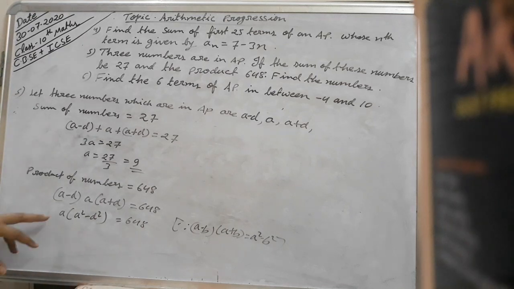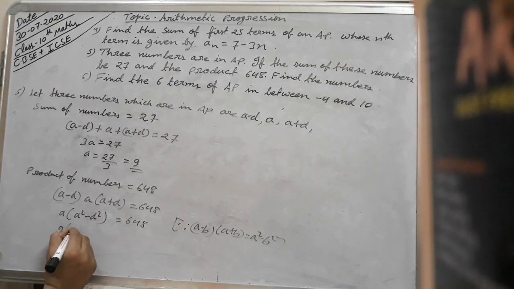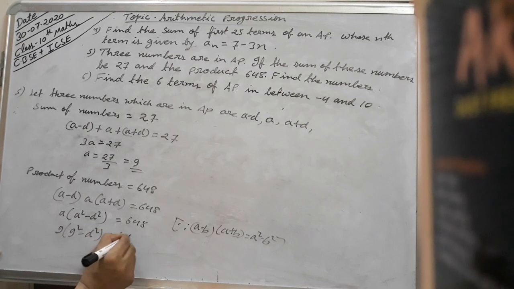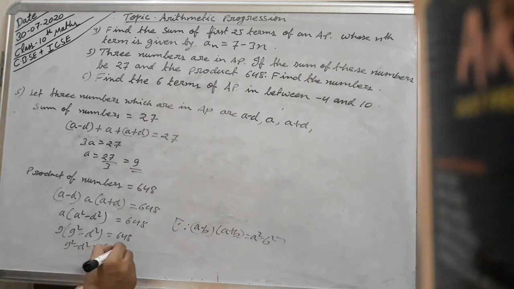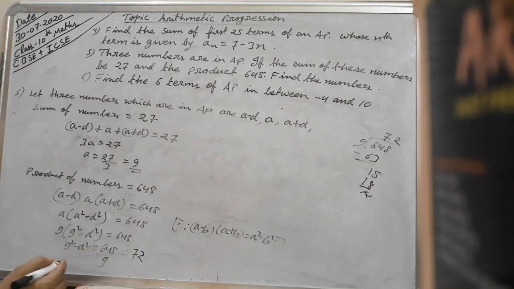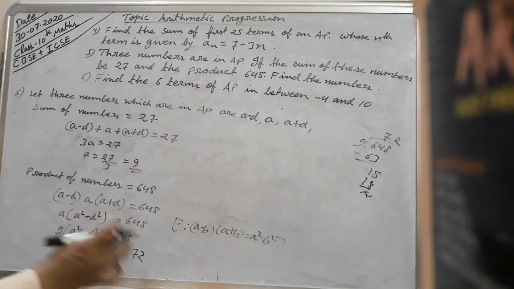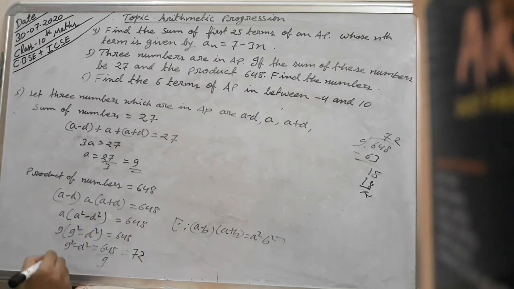Now put the value of A here, that is 9. 9 square minus D square is equal to 648. Again, 9 square minus D square is equal to 648. To find the value of D square, D square will go to that side and 72 will come here. 9 9s are 81. 81 minus 72 is equal to D square.